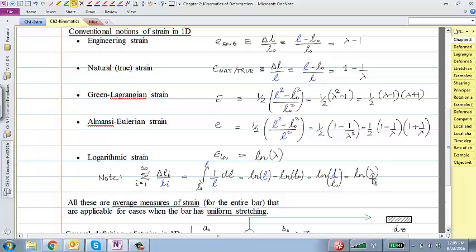What is log of lambda when stretch is 1? 0. Log of 1 is 0, and again it is a monotonic function, so it satisfies the definition of strain.